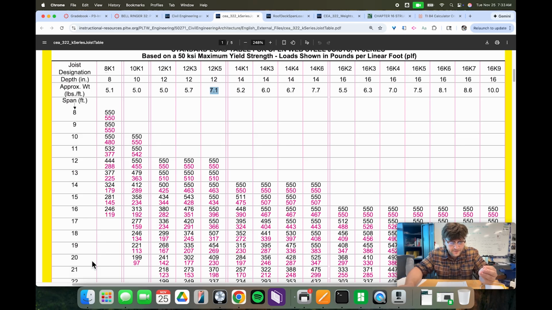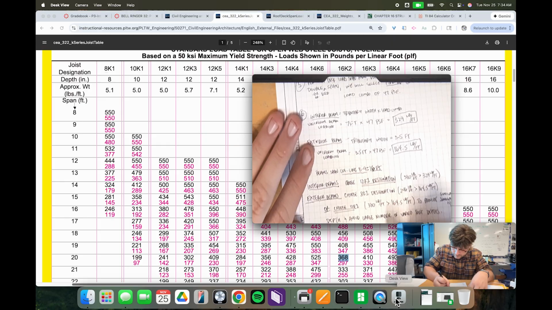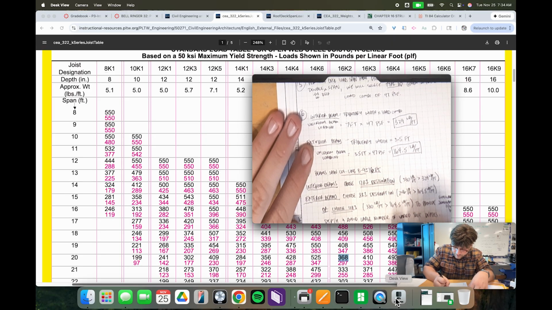And so if I go to the 20 feet here, I can also look at this guy. So this is 6 pounds per foot for that. But if I end up going with this guy right here, that's actually going to be 5.5 pounds. And so that's why I'm going to choose the 16K2 designation. So I'm going to put down here, choose 16K2. And then we're going to put down, that's 368 pounds per foot that it can carry.